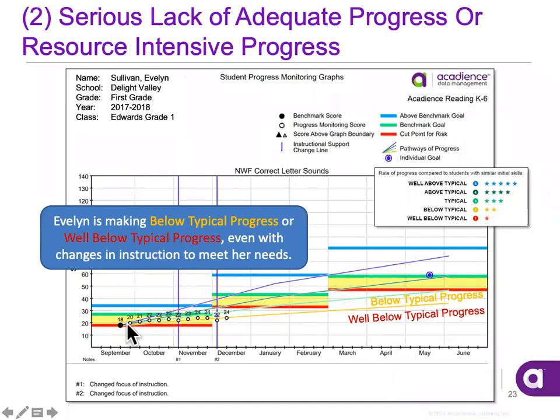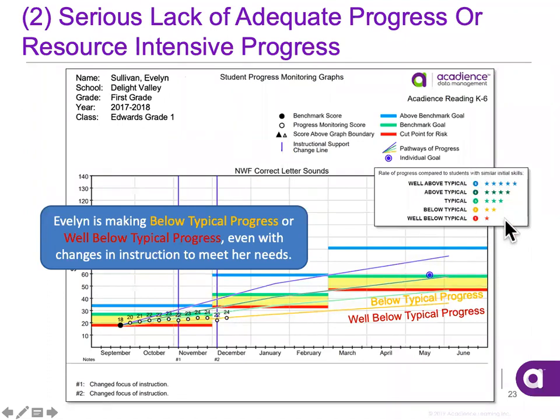The open circles are showing you her progress monitoring data in the beginning of the school year, September and October. These diagonal lines that you can probably barely see here, I'm just going over with my cursor. These diagonal lines are the colorful lines that you see here, representing the growth of other students who started first grade with the same level of skills that Evelyn is starting with, and representing where they ended the school year.